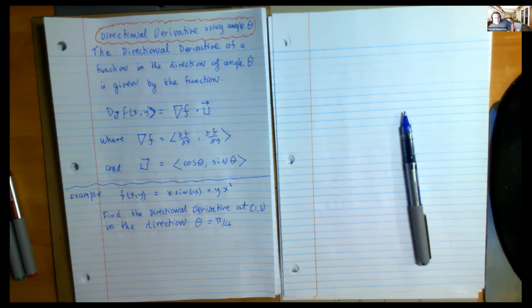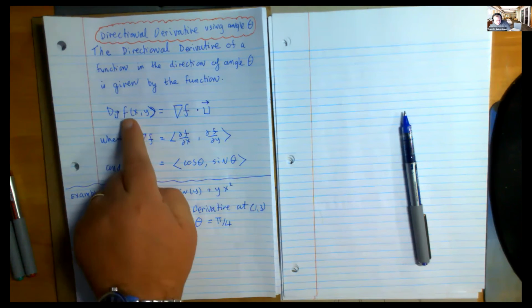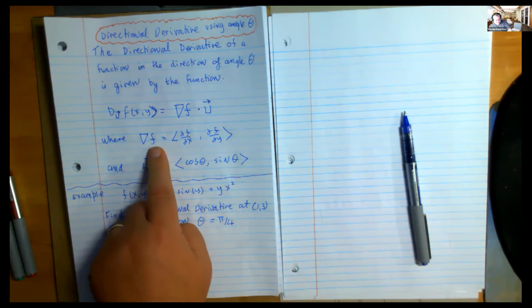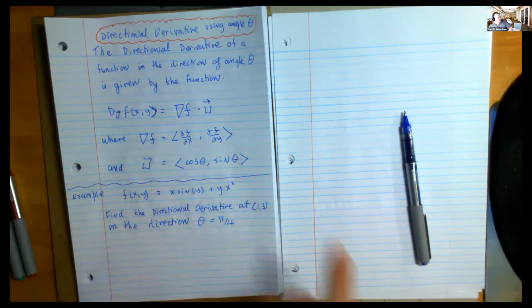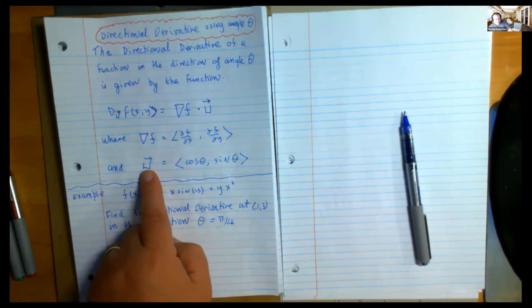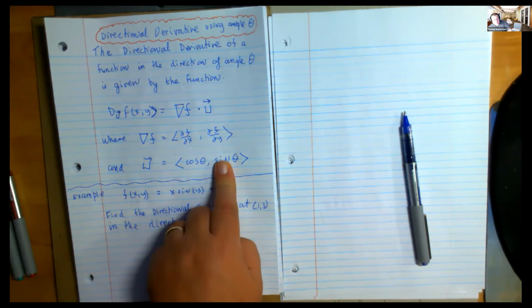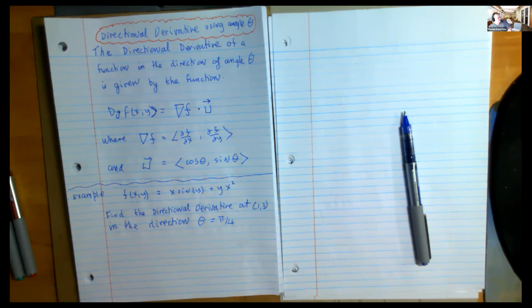The directional derivative of a function in the direction of an angle theta is given by this formula. Hey, that's the same formula. You are right. And delta f is the same delta f. Have you noticed that u is now given as cosine theta comma sine theta? That wasn't just pulled out of the air.